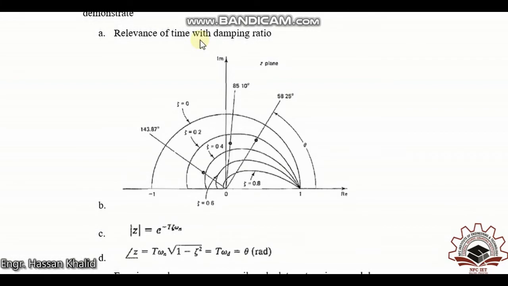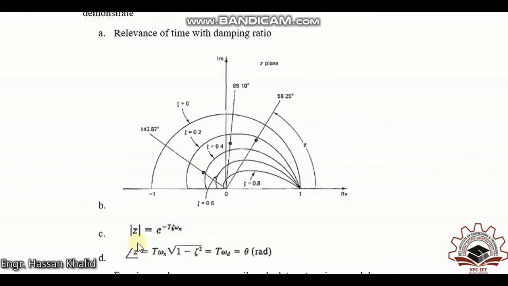For the second order underdamped system, you can easily find out the damping ratio if you are able to utilize the information from the s domain or second order characteristic equation and translate that equation with respect to z. The magnitude can be calculated as |z| equal to e raised to the power minus T zeta omega n, where omega n is the natural frequency, zeta is the damping ratio and T is the sampling time.